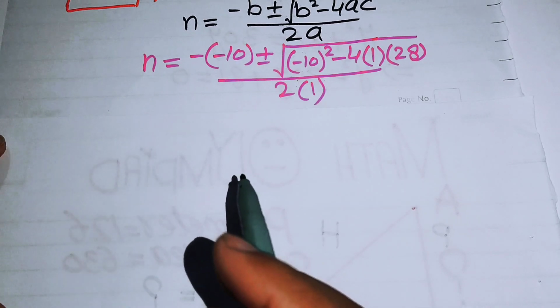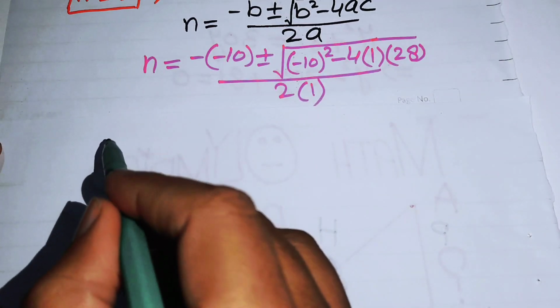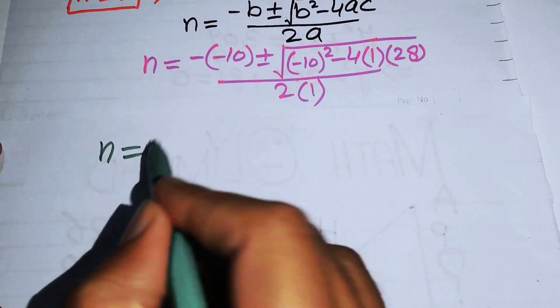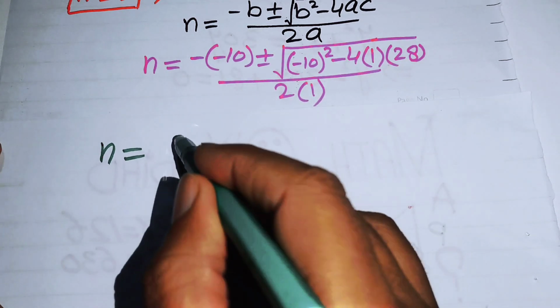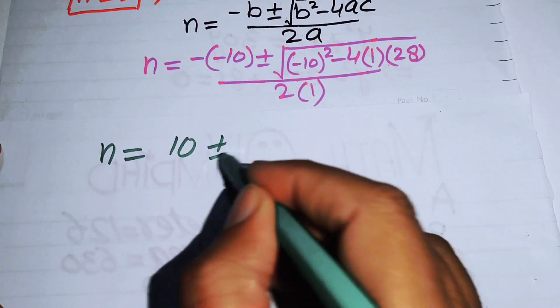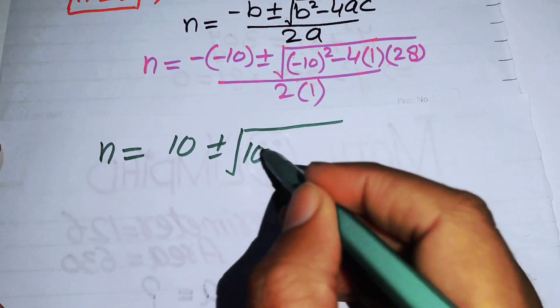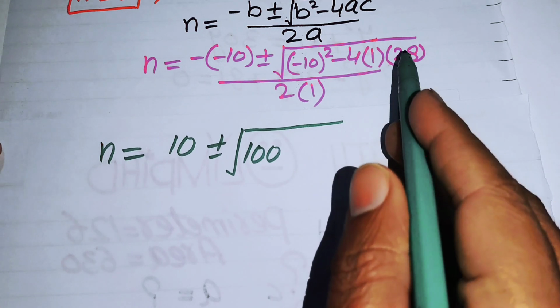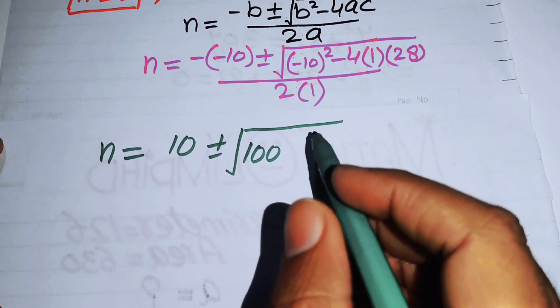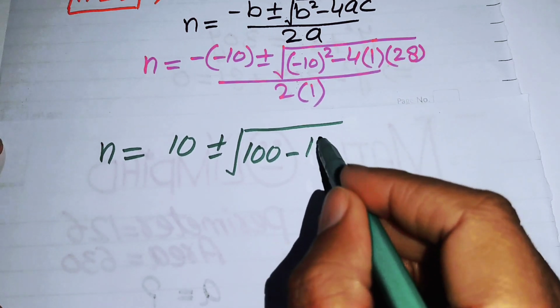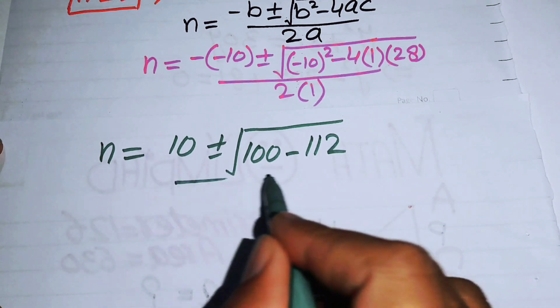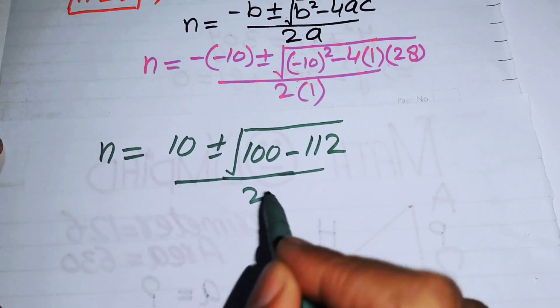So here we need more simplification, and we write it as n equals, here you have minus times minus equals plus 10, plus or minus the square root of minus 10 squared equals 100, and 4 times 28 equals 112, and this whole over 2.